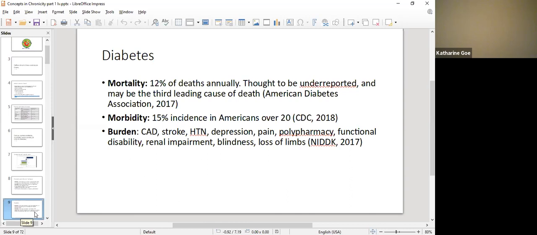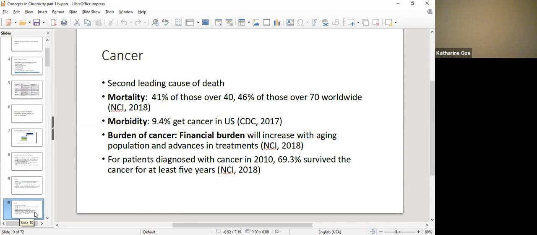It's one of the leading causes of lower extremity amputations, for one. The burden includes CAD, coronary artery disease, stroke, hypertension, depression, pain, polypharmacy, functional disability, renal impairment, blindness, and loss of limbs. So these are all consequences of diabetes, and therefore are a burden for the patient as well as the caregiver.